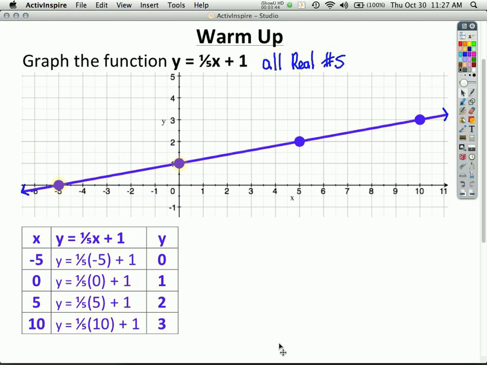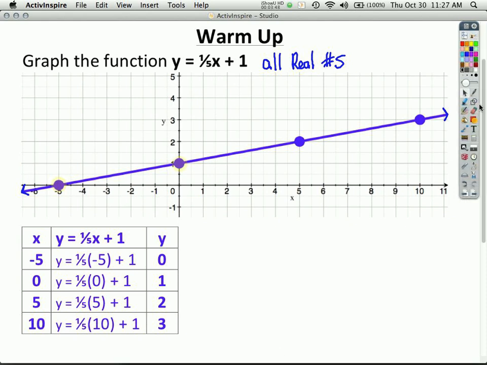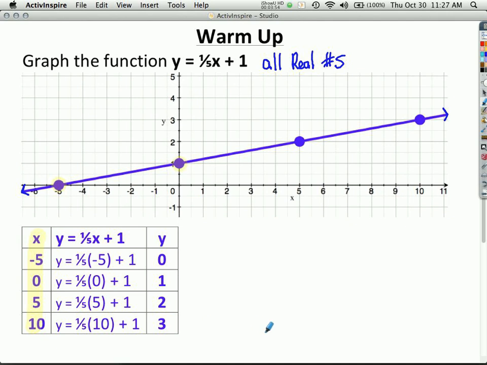Here is the table of values that I used. And I specifically want you to look right here. Now, if you used a different set of inputs, you still should have gotten the same graph. The inputs don't really matter.